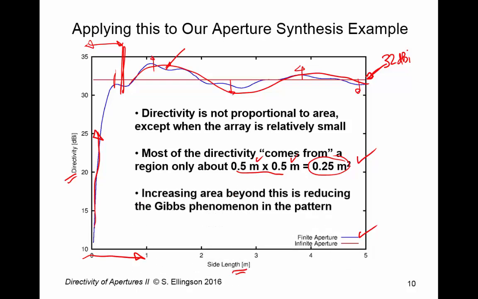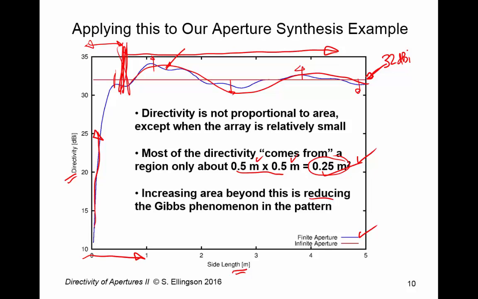Increasing area beyond this kind of threshold amount of aperture simply serves to reduce the Gibbs phenomenon. Right? So as the area of the array gets larger and larger from this threshold, all we're really doing is reducing the amount of Gibbs phenomenon. So that's not necessarily a trivial thing.